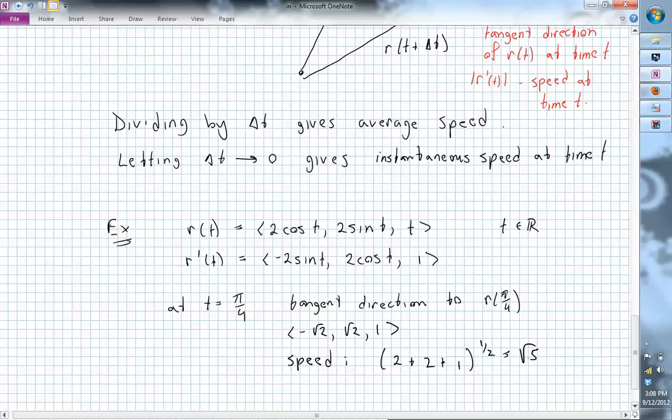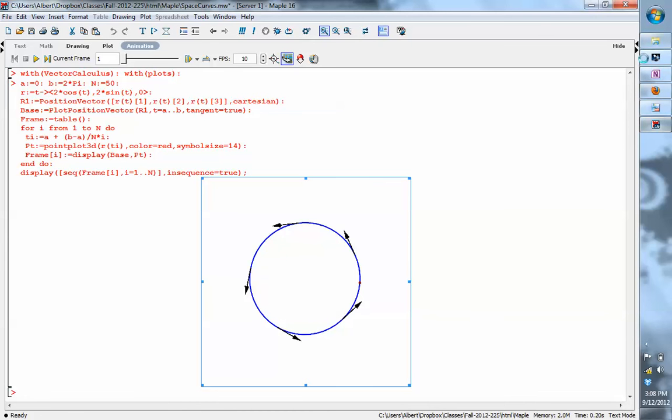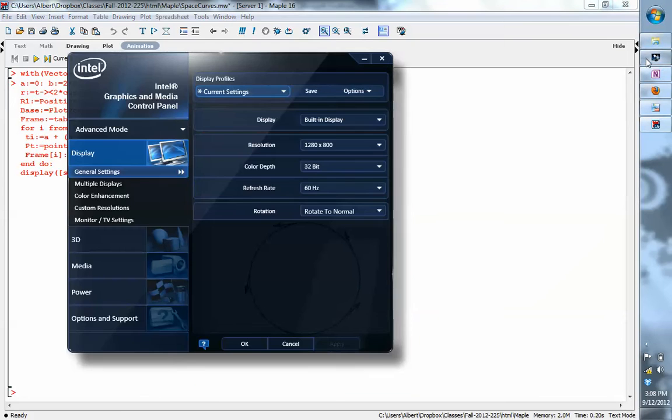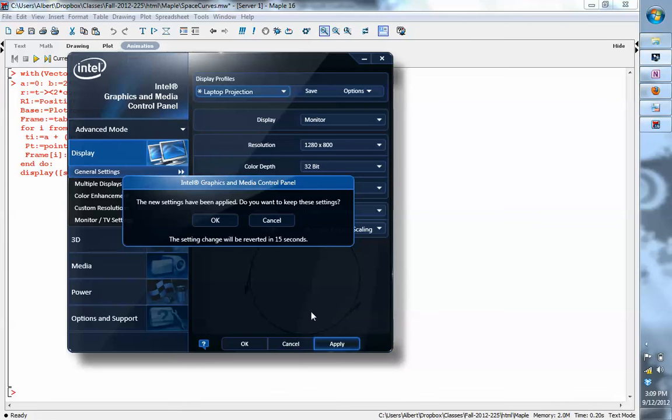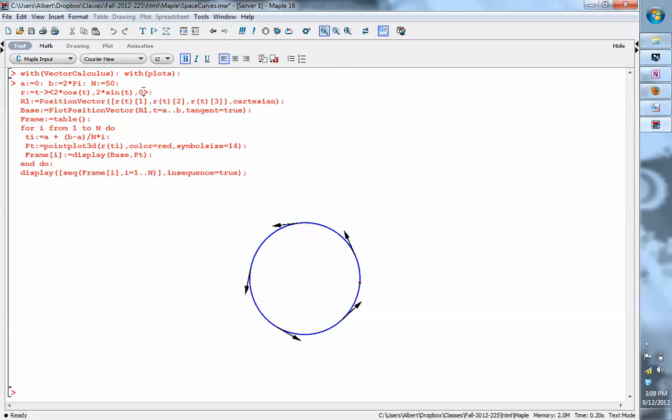Okay, let's see a picture of that. So I'm going to switch back over to laptop mode. And let me get my helix.